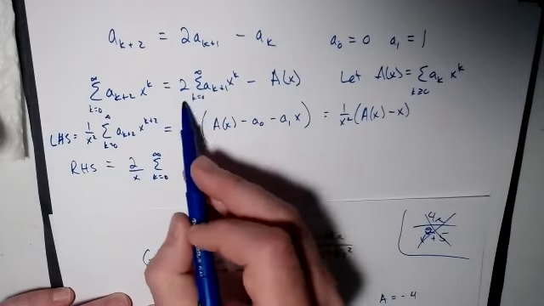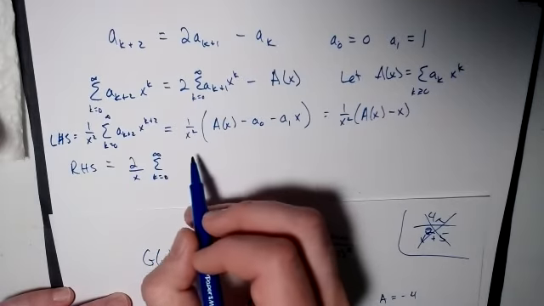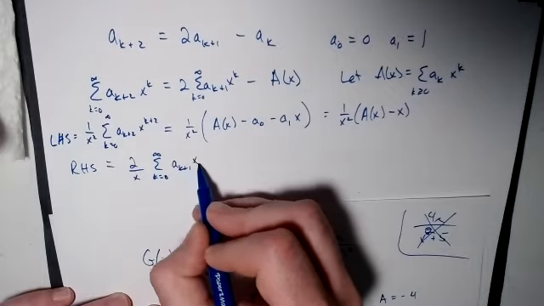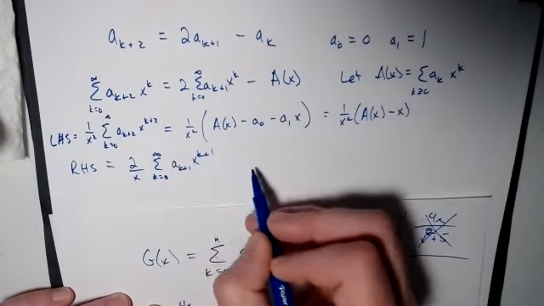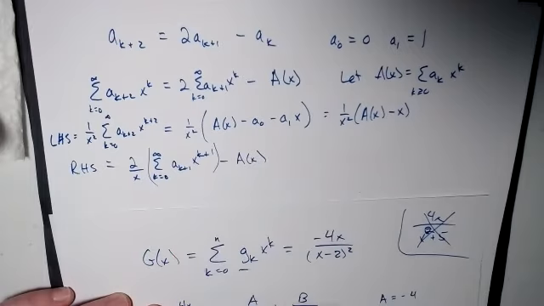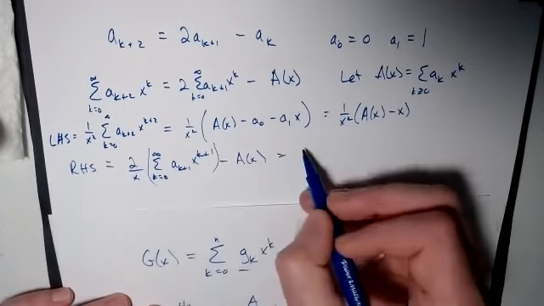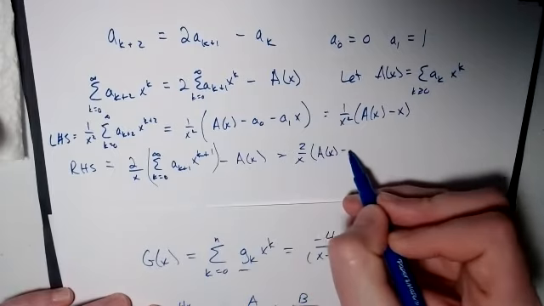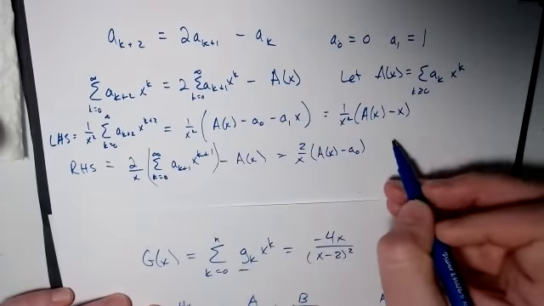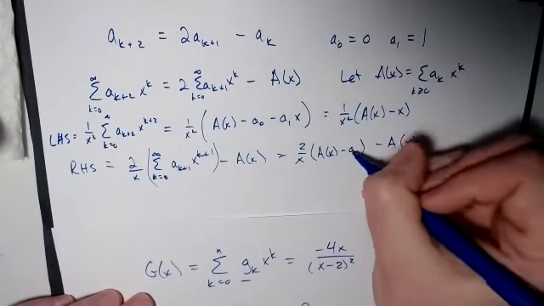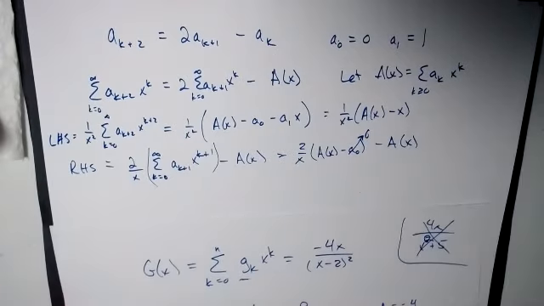All right, so we're converting this piece. So that's 2 over x times the sum of a_{k+1} x^{k+1}, minus A(x), parentheses around that just to be clean. And then that's 2 over x times A(x) minus a_0, minus A(x). a_0 is 0 in this case.